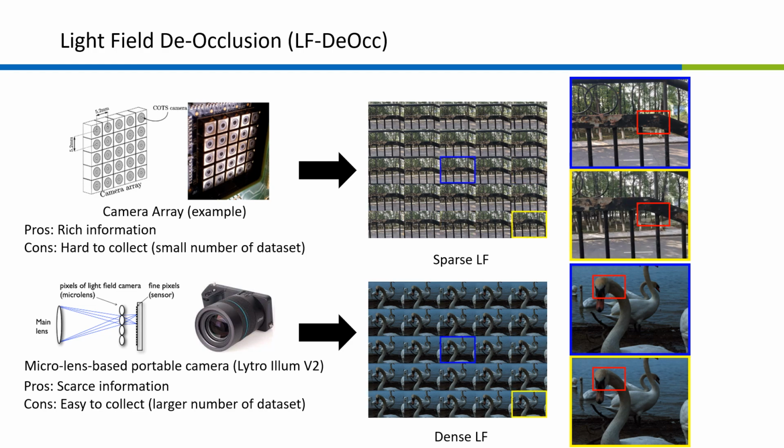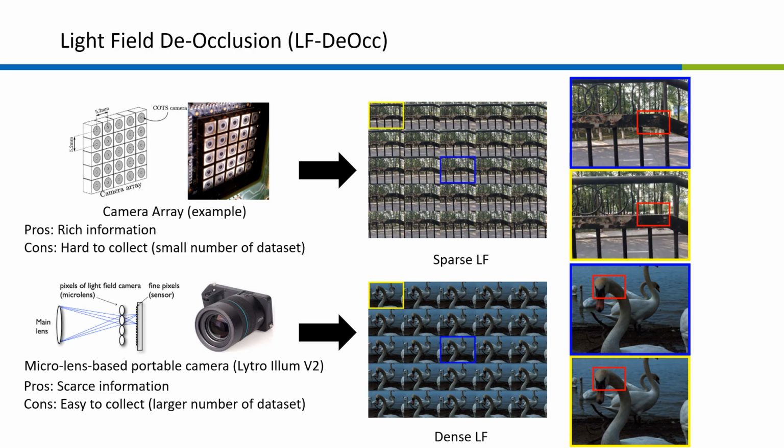In a sparse light field, which is collected by the camera array, most of the occluded objects can be seen in other views. It is useful for light field de-occlusion, but due to its inconvenience, collecting a sparse light field is hard. On the other hand, the dense light field is collected by a micro-lens-based portable camera.